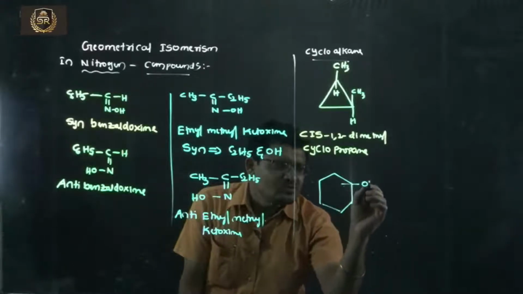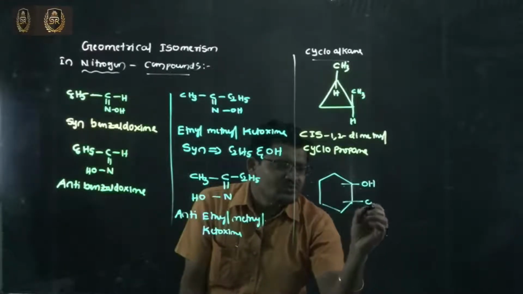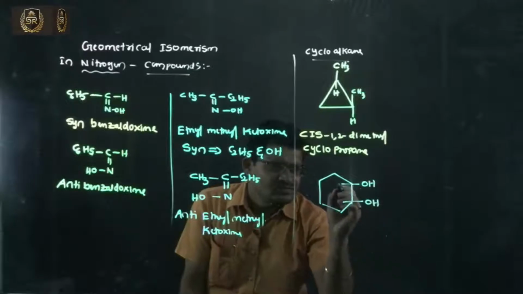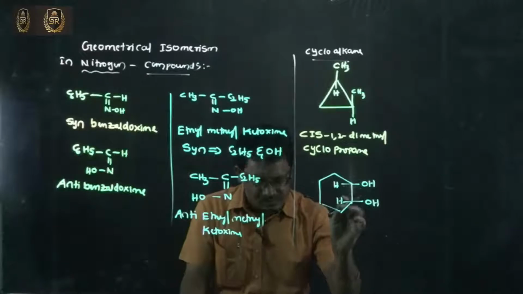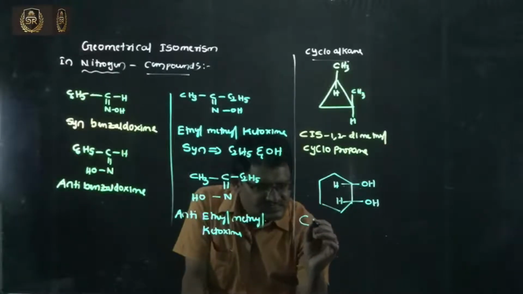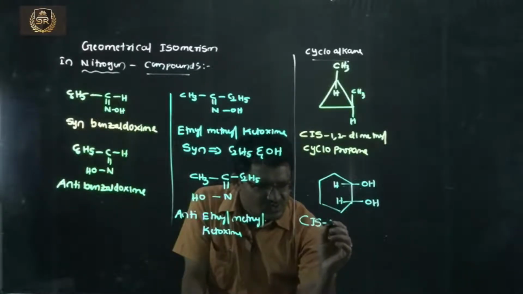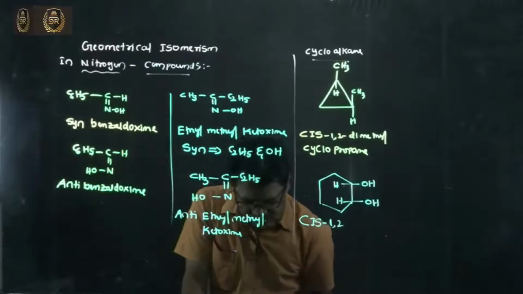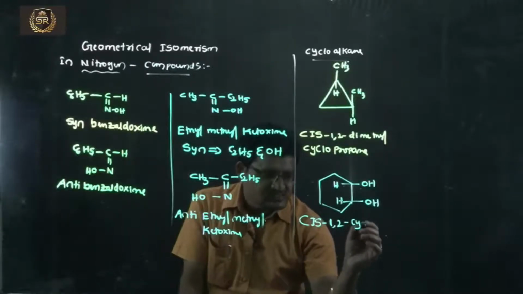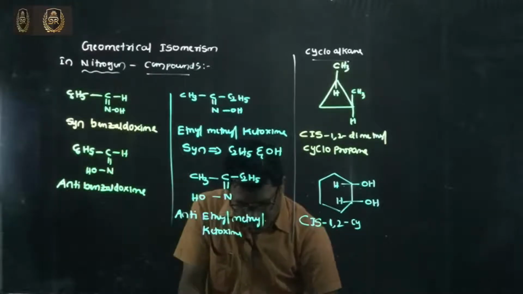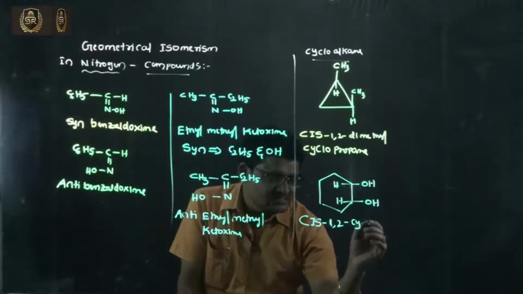This is OH, this is also OH, this is hydrogen, this is hydrogen, this is carbon 1, carbon 2. This is cis 1,2 cyclohexane diol.